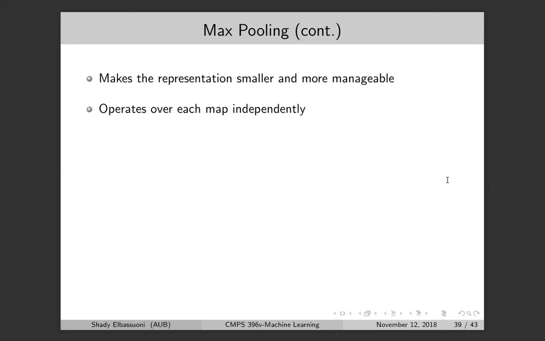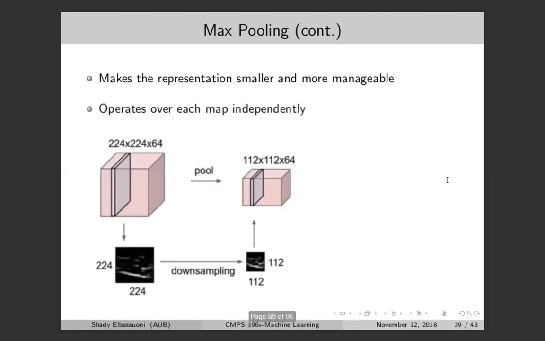It operates over each map independently. For every map, you do maximum pooling. It doesn't work on the whole volume, it works on every map independently. So, for example, if the input is 224 by 224 by 64 and I do maximum pooling, I end up with half of the image, 112 by 112 by 64.